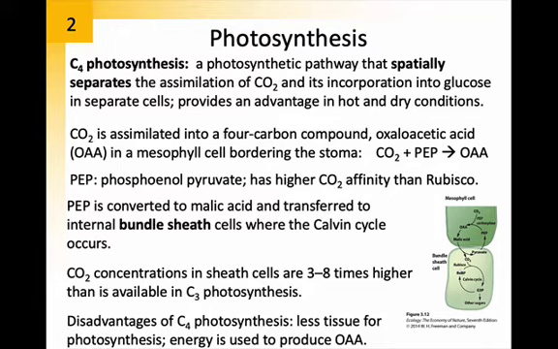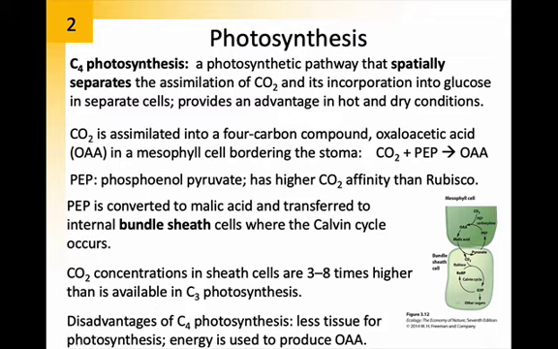So you can accumulate a whole lot of CO2 in these bundle sheath cells by driving the capture of CO2 in the mesophyll cells, and you can build up CO2 in here and keep the photosynthesis reaction driving forwards rather than backwards.